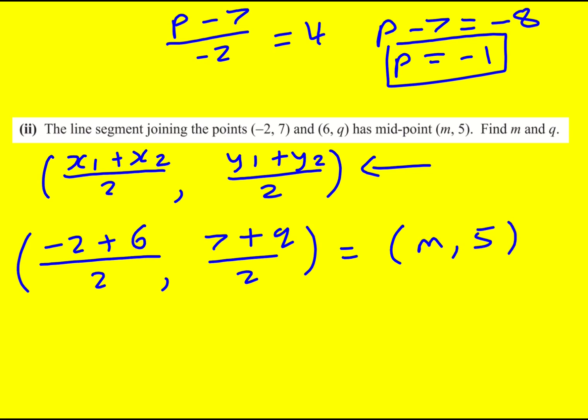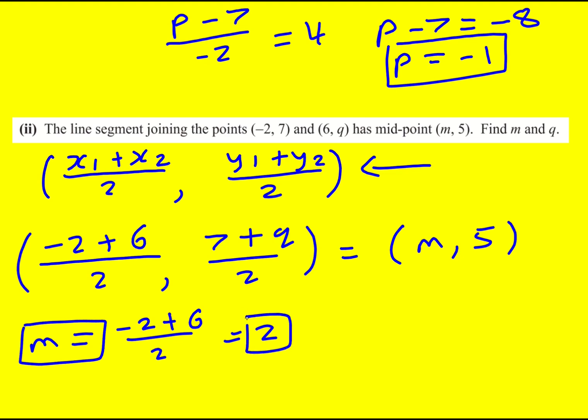So that means that m is going to equal minus 2 plus 6 over 2, which is 4 over 2, which is 2. And we can say that 7 plus q over 2 is equal to 5, which means that 7 plus q is equal to 10. So q is equal to 3.